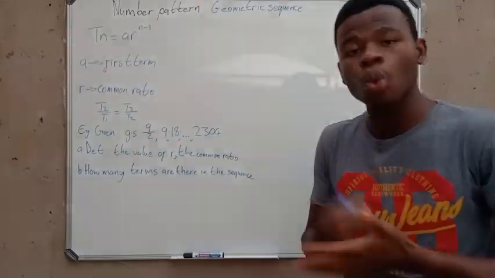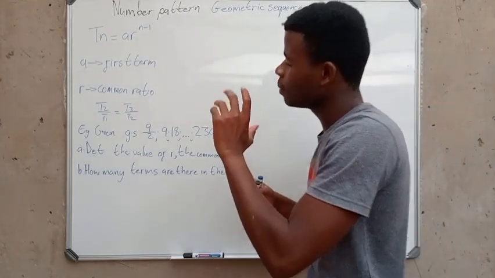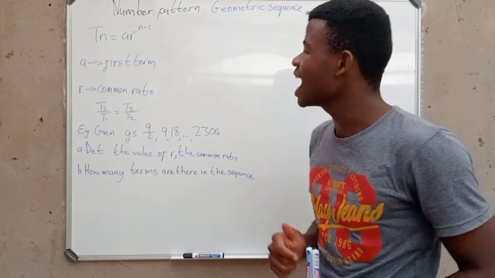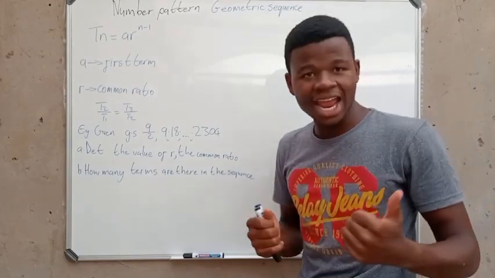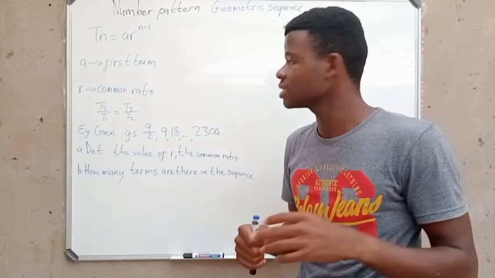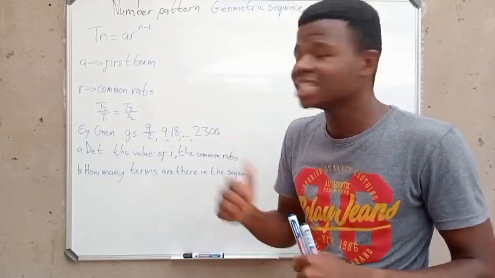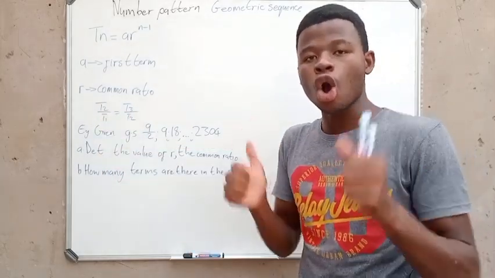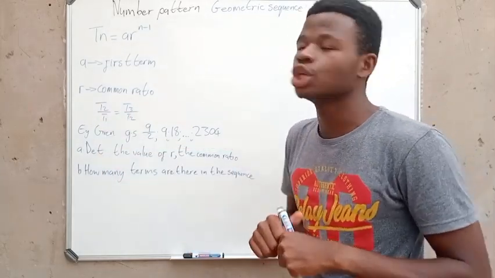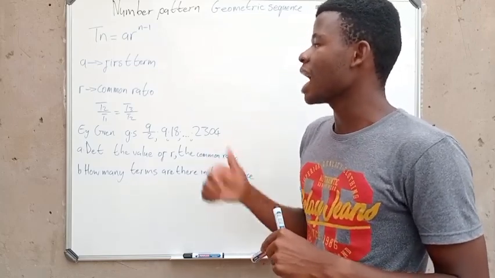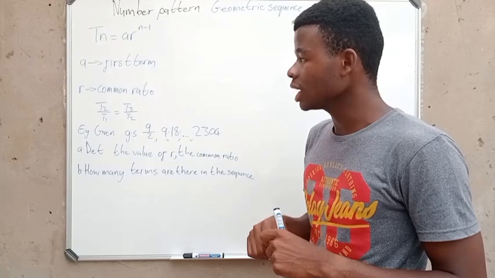Before we can dwell into these questions, let me explain the A and the R. The A, just like we have talked in our previous videos, is the first term, and the R is the common ratio. A is our first term, R is our common ratio.